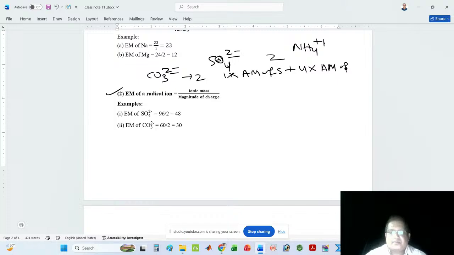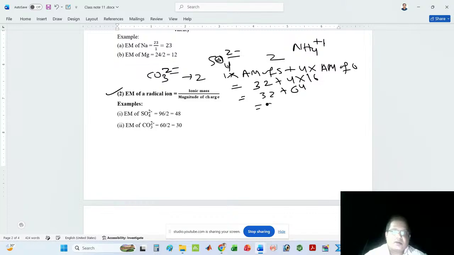That means 32 plus 4 into 16. That is 32 plus 64. That means 96.